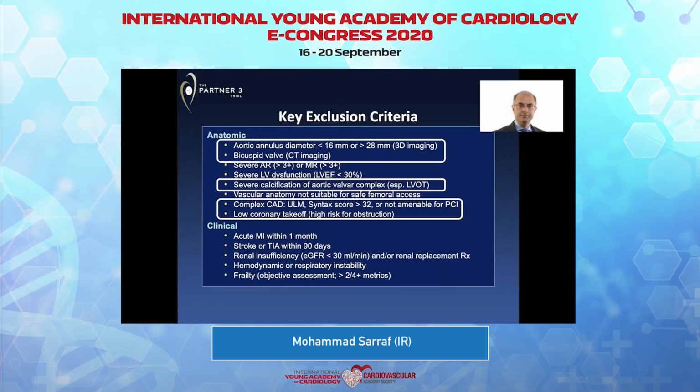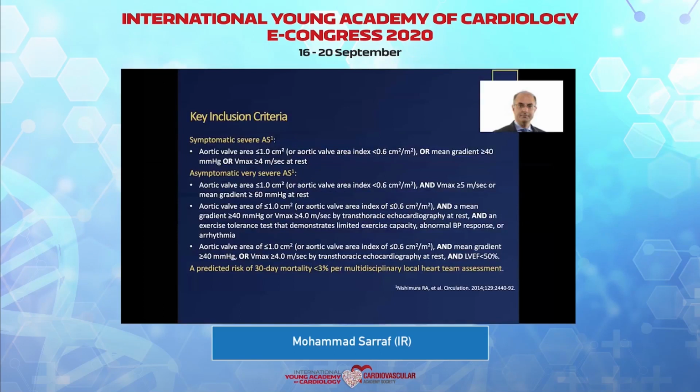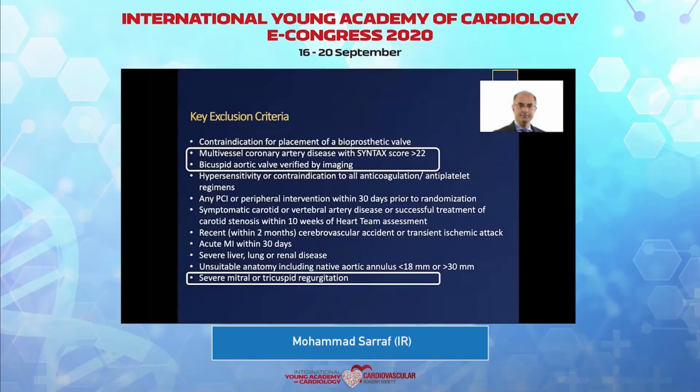In Partner 3, patients who had a high SYNTAX score, in other words, more than 32, were also excluded. And very similar criteria applied to Evolut Low Risk, although not exactly the same, but similar enough. Yet again, in the exclusion criteria for Evolut Low Risk, even SYNTAX score of intermediate risk patients were excluded.